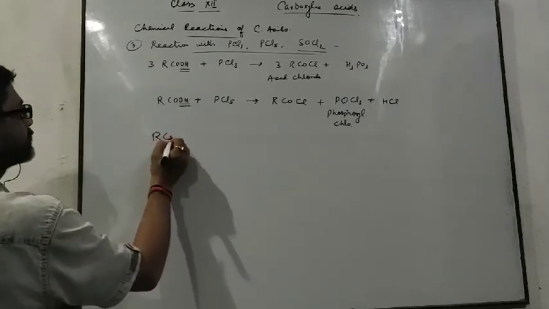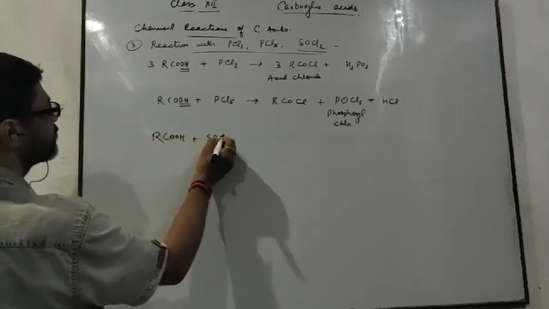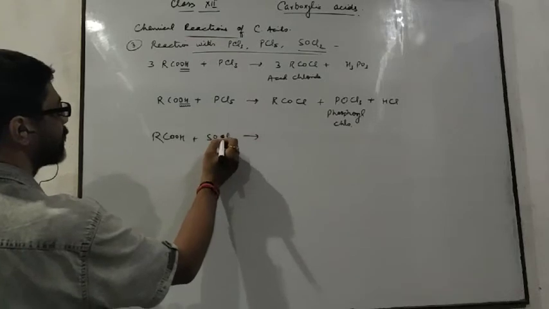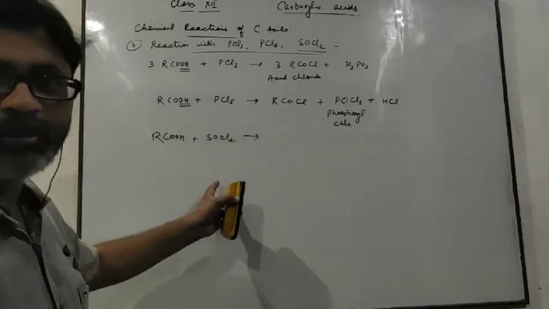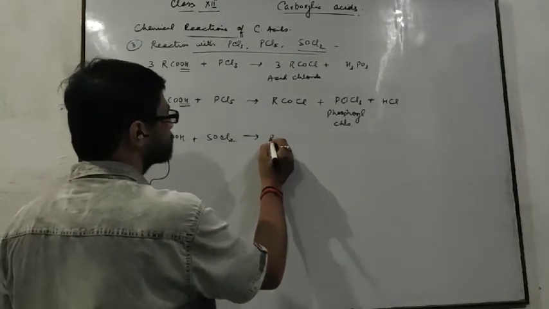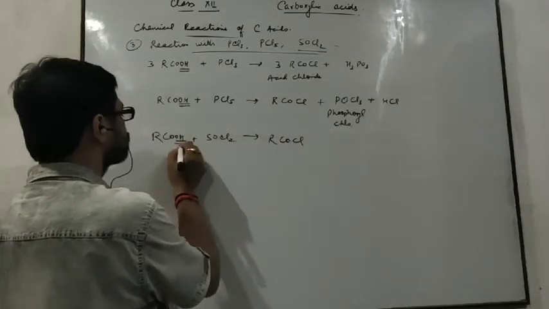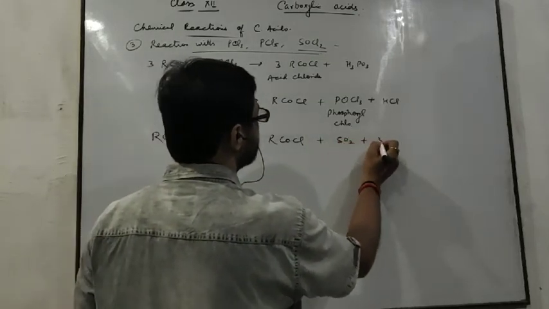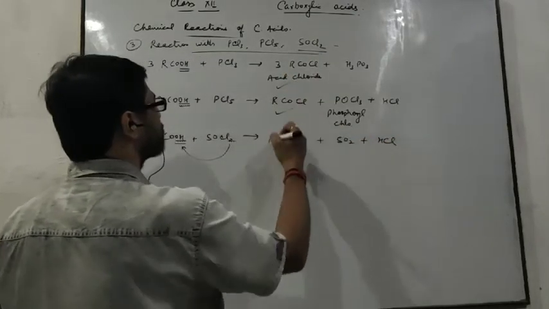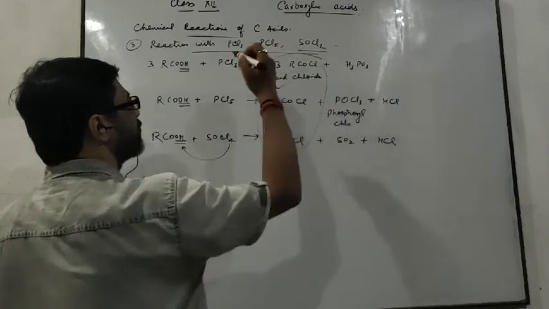RCOOH on reaction with SOCl2. What is SOCl2? SOCl2 is thionyl chloride. It forms RCOCl. This OH is replaced by chlorine atom, and SO2 and HCl are released. These are the same acid chloride.